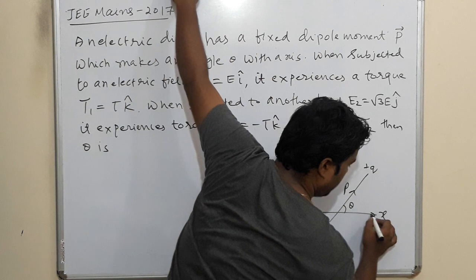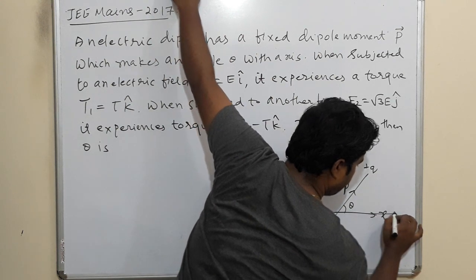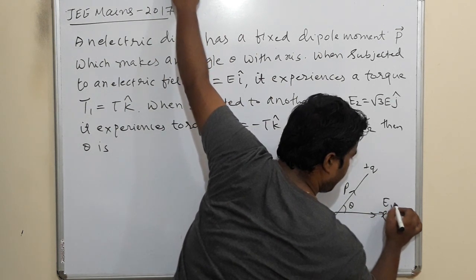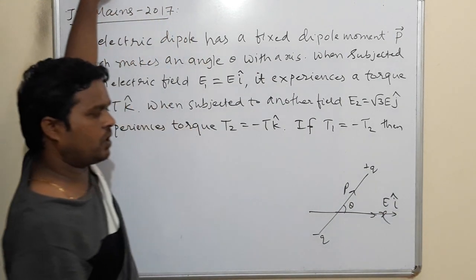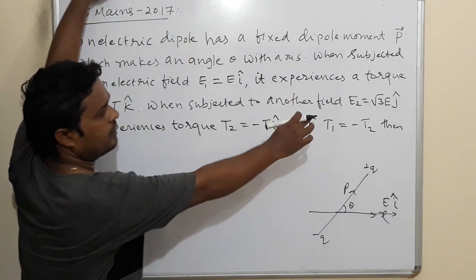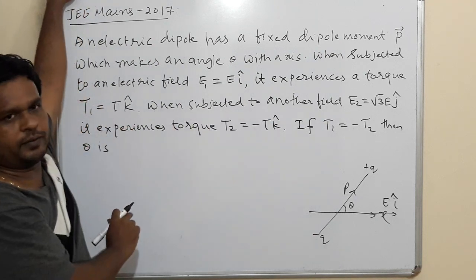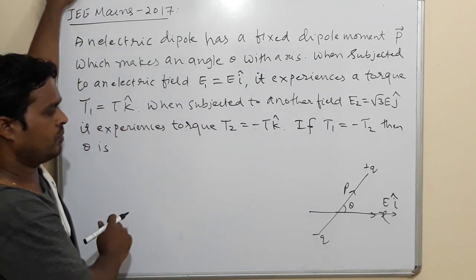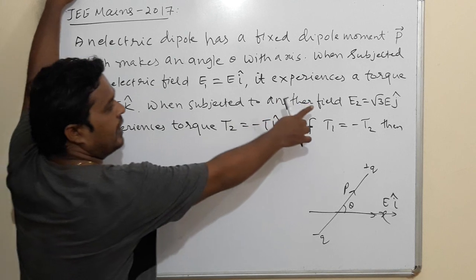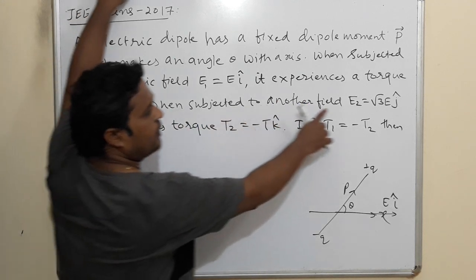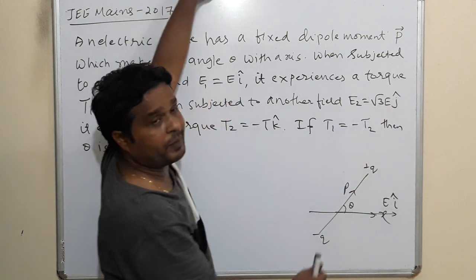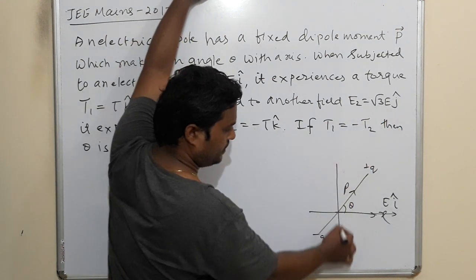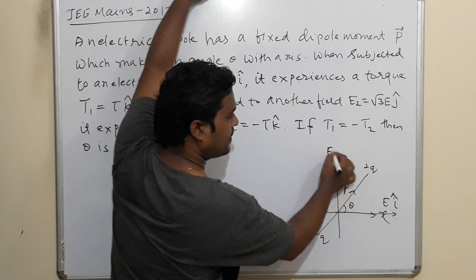Then the torque experienced is tau 1, equal to tau k. Then another electric field, root 3 E j, is along y-axis.